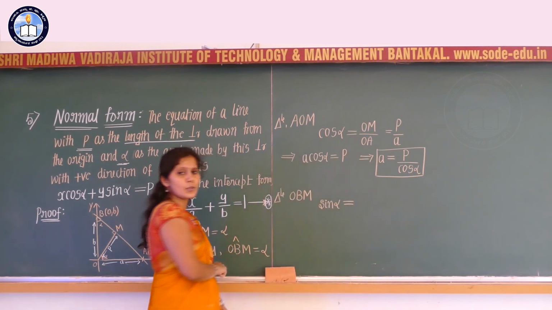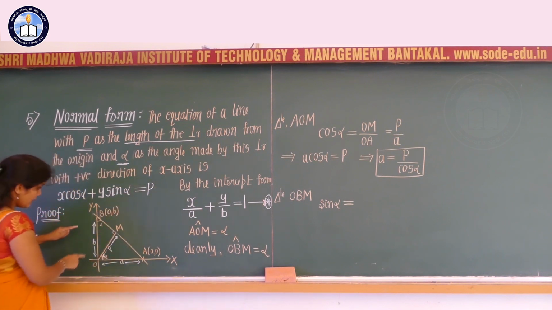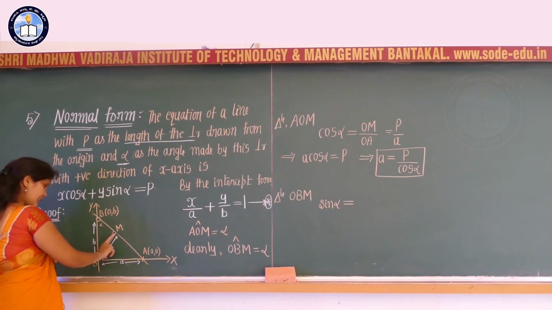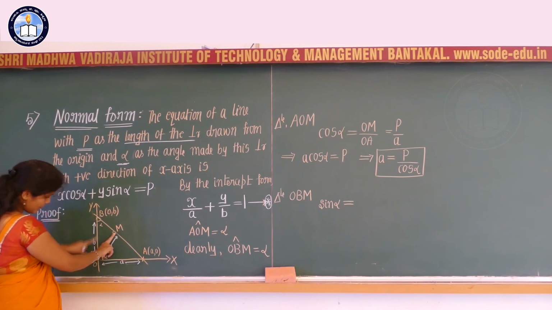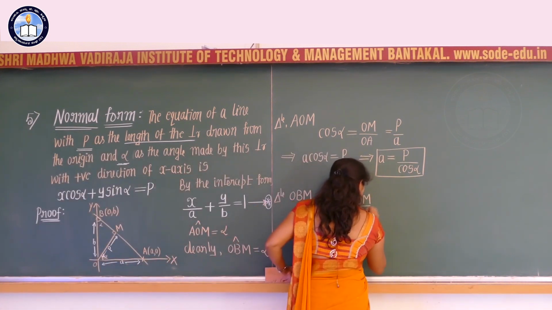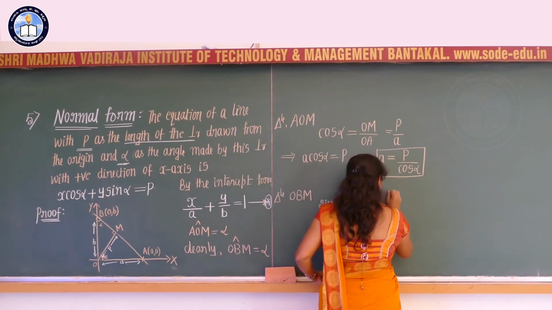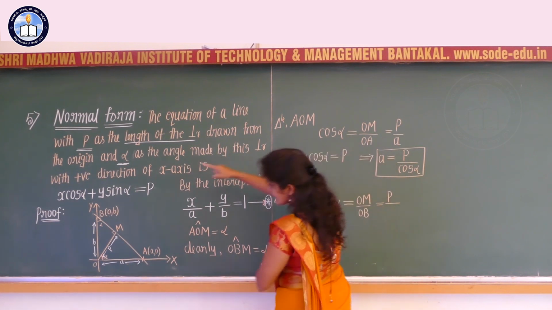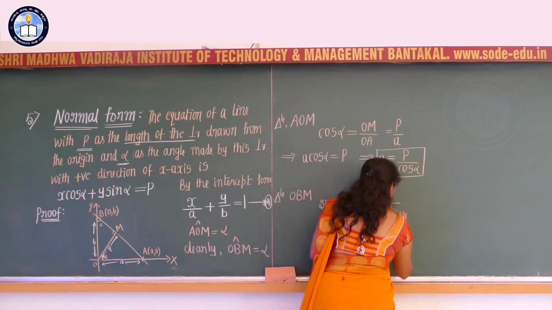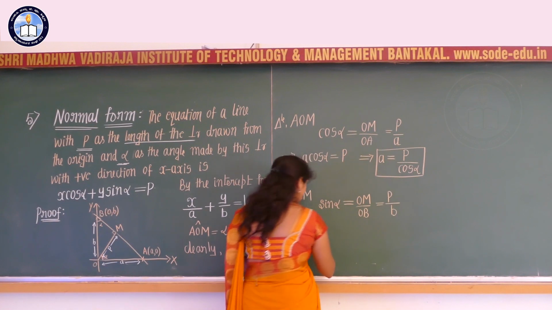Sin alpha is equal to opposite divided by hypotenuse, that is OM divided by OB. OM is the length of the perpendicular, that is P, and OB is the y-intercept, that is B. So P is equal to B sin alpha.